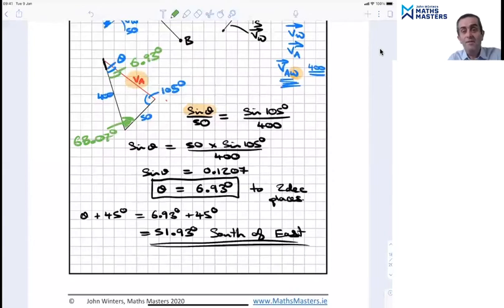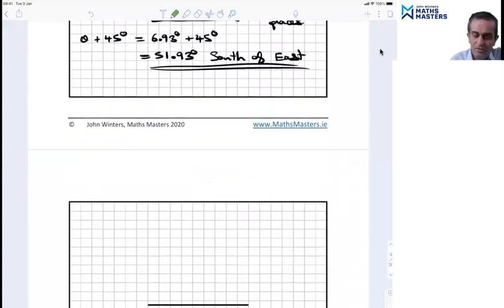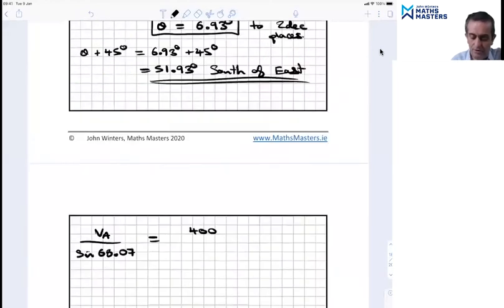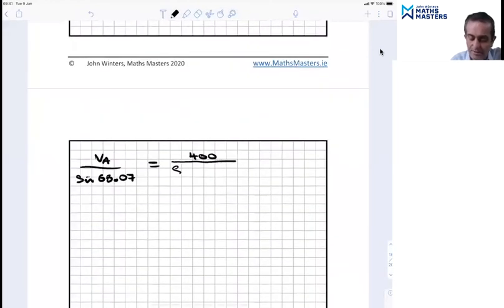And now I can very simply say, using the sine rule, that VA divided by the sine of 68.07, any side divided by the sine of the opposite angle, equals any other side divided by the sine of its opposite angle. So say 400 divided by the sine of 105. So VA divided by sine of 68.07 equals 400 divided by the sine of 105 degrees.